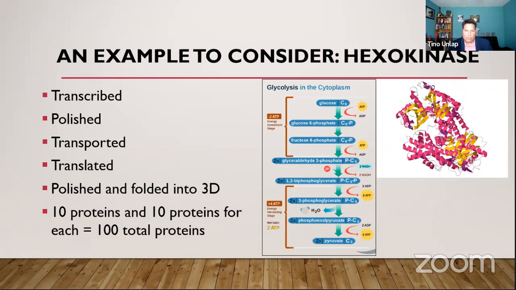HEXOKINASE is the first machine, the first protein, involved in the extraction of energy from sugar. You remember when we talked about the connection of all of God's creation, all living things depend on energy from the sun, and the energy from the sun cannot be used unless it's converted to a form that they can all access.